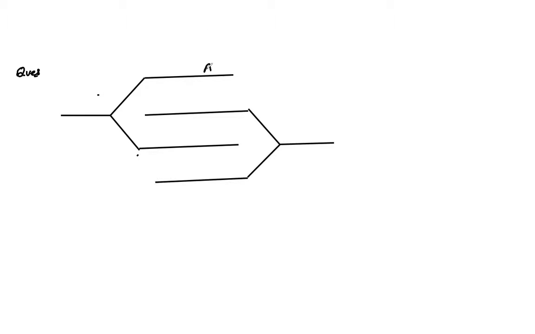The area of each plate is A and the separation between each plate is D. This is separation between the plates. You're supposed to calculate equivalent capacitance. These are very important type of questions on capacitors.